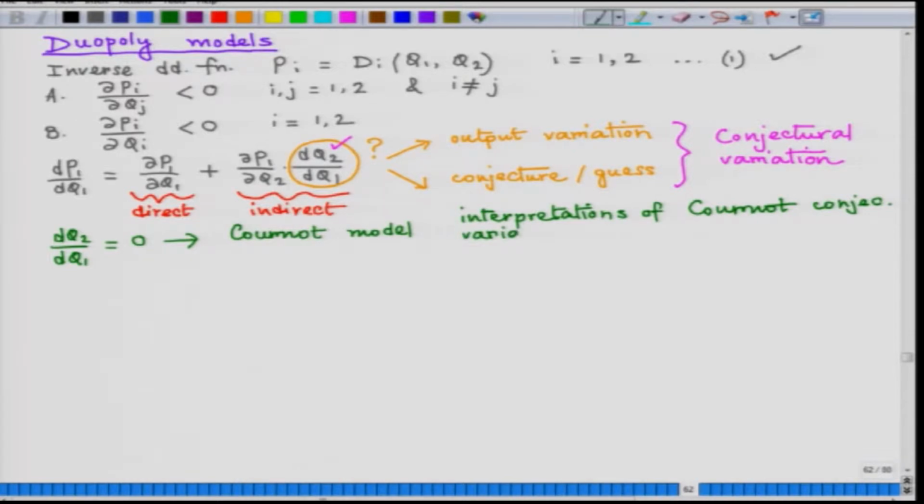And both are basically the same, representing the same concept in different words. So, we will write them down.